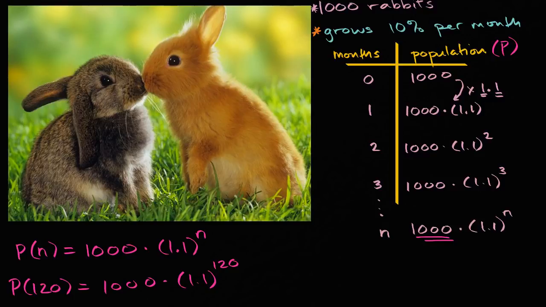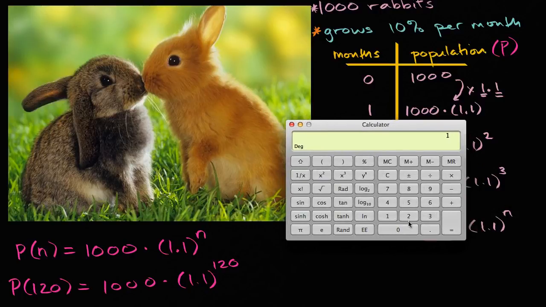And so let me get a calculator out to do that. I cannot calculate 1.1 to the 120th power in my head. 1.1 to the 120th power is equal to that times our initial population.